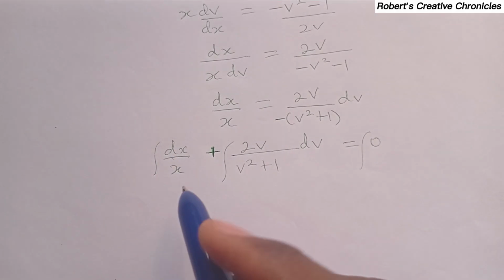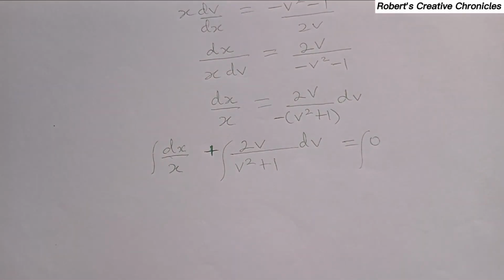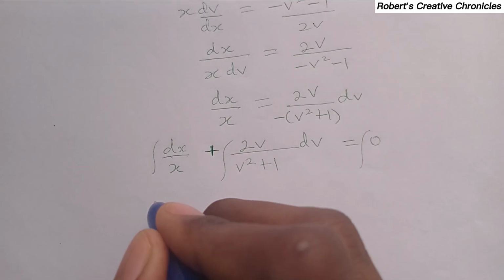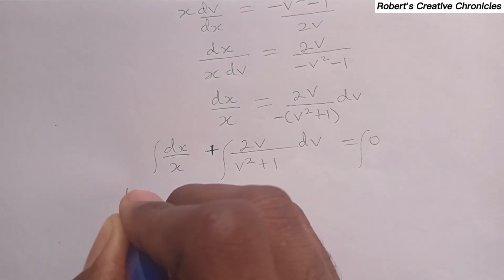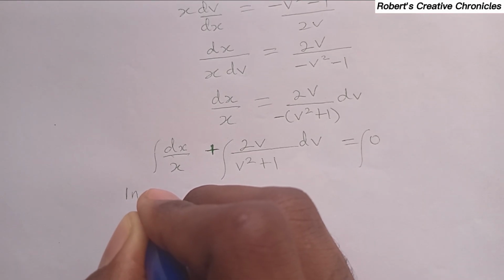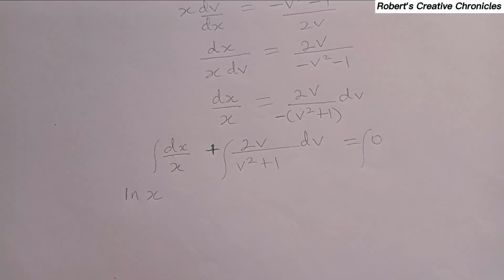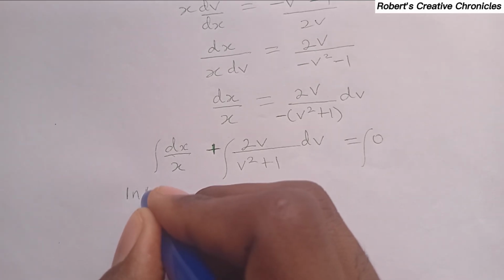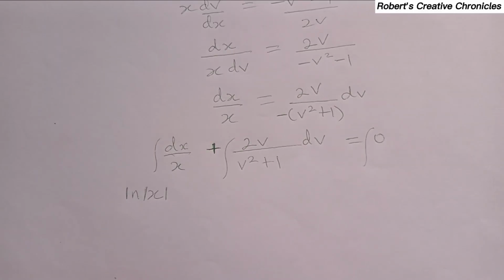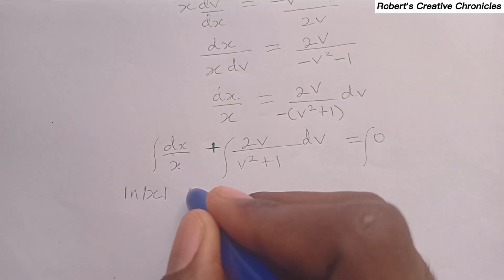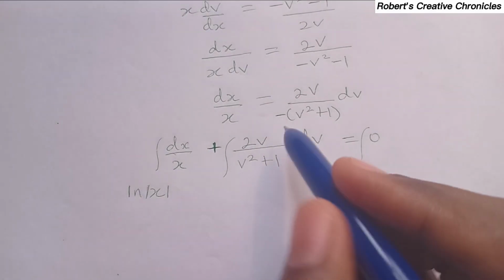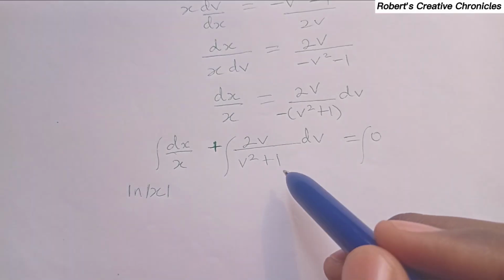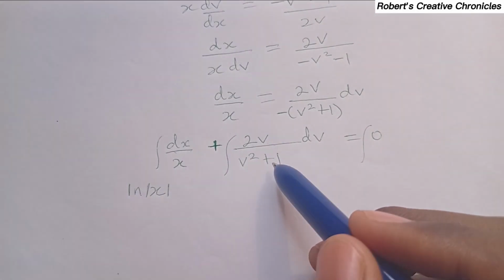So the integral of 1 over x is what? It's ln x. You can put 2 bars like this. So here is ln x plus, then here you factor out 2, then it is v over v squared plus 1.